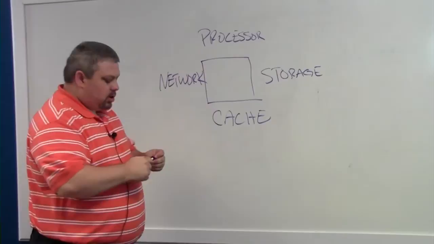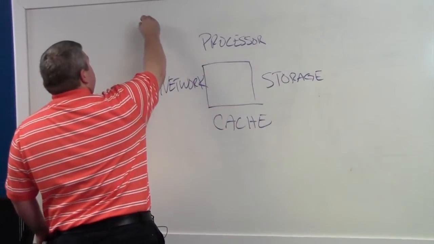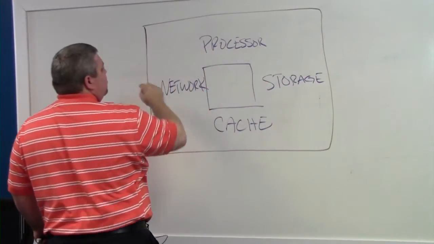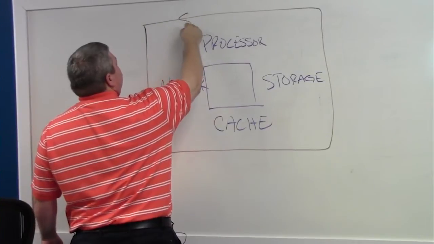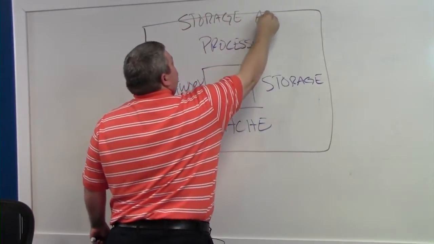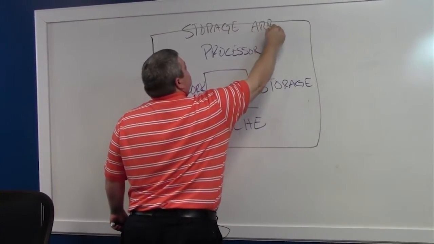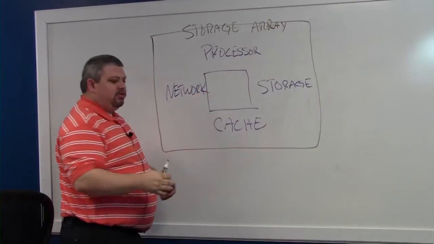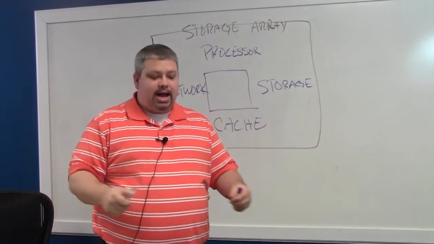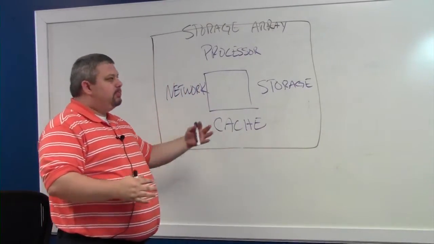So if you want to take a look at it like this, essentially this entire piece right here is your storage device or your storage array. That's how you'll hear people talk about it. They say a storage array, or they say a filer if they have a NetApp, or they'll say my head unit, or something like that.